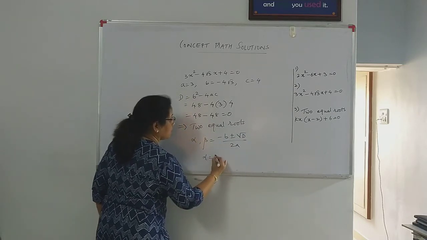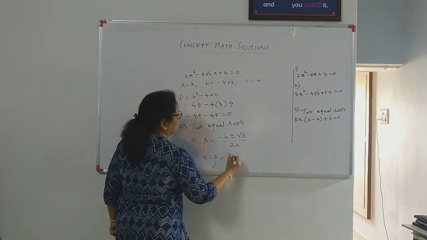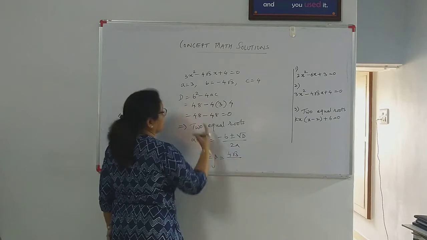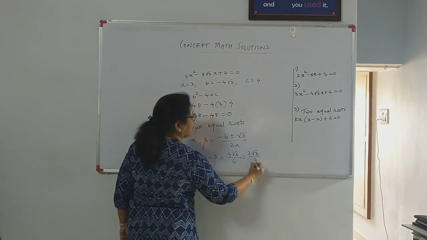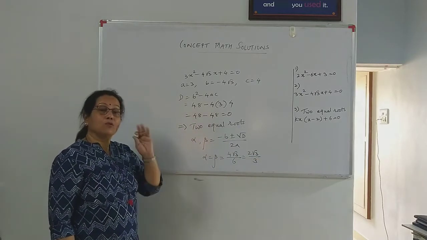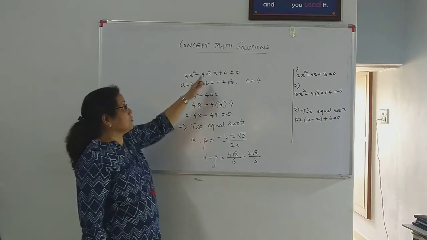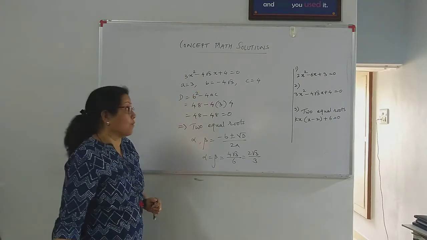So alpha equal to beta equal to minus b by 2a, minus of minus 4 root 3 by 2a, which is 6, that is 2 root 3 by 3. That is two repeated roots, 2 root 3 by 3 and 2 root 3 by 3 are the zeros of this polynomial because D is equal to 0.